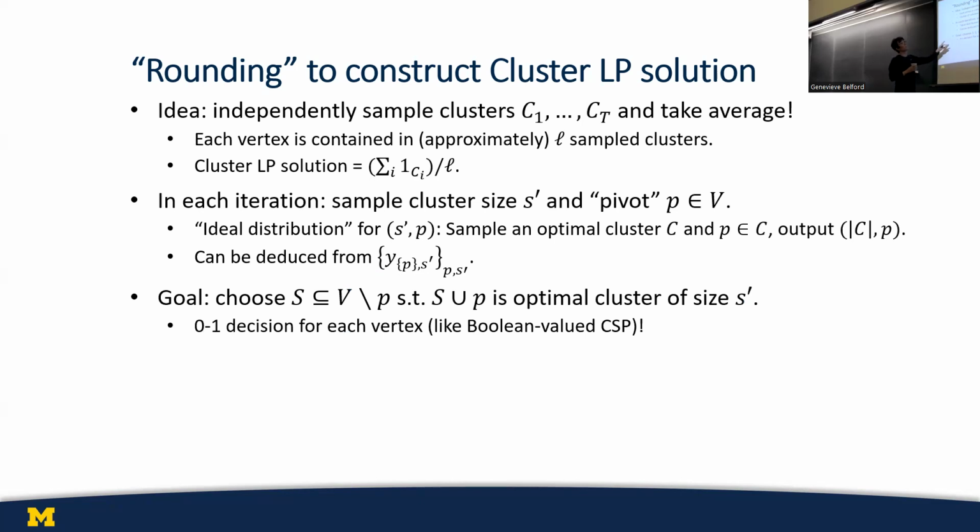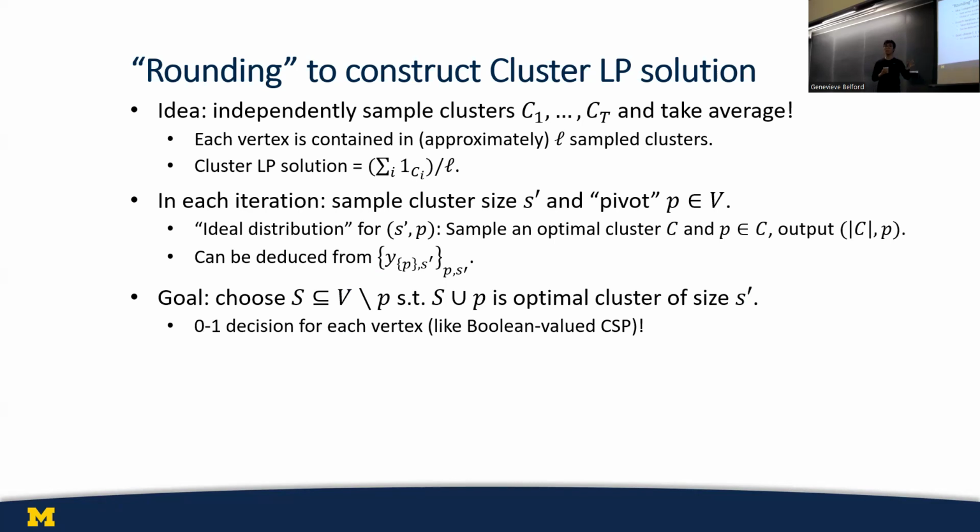But if you have S prime and P, the remaining goal is to decide who are the vertices that will be in the same cluster as our pivot vertex P. That's the only remaining decision to sample one cluster. And actually, I think the initial eureka moment was that this problem is now just a 0-1 decision for each vertex.